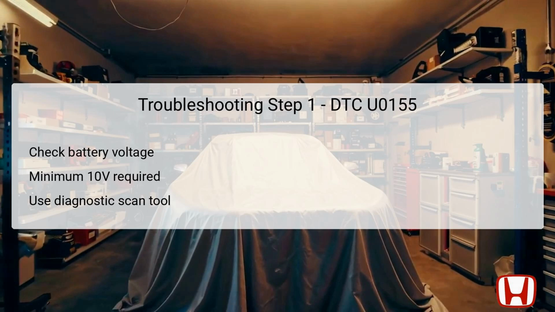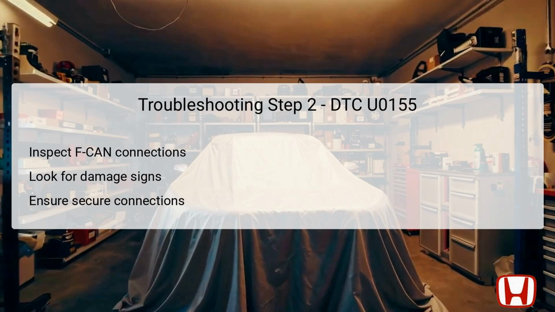If the voltage falls below this threshold, it's recommended to recharge or replace the battery to restore optimal power. This simple yet crucial step can mitigate further diagnostic complications down the line, as many electrical systems rely heavily on a consistent power supply for accurate performance.